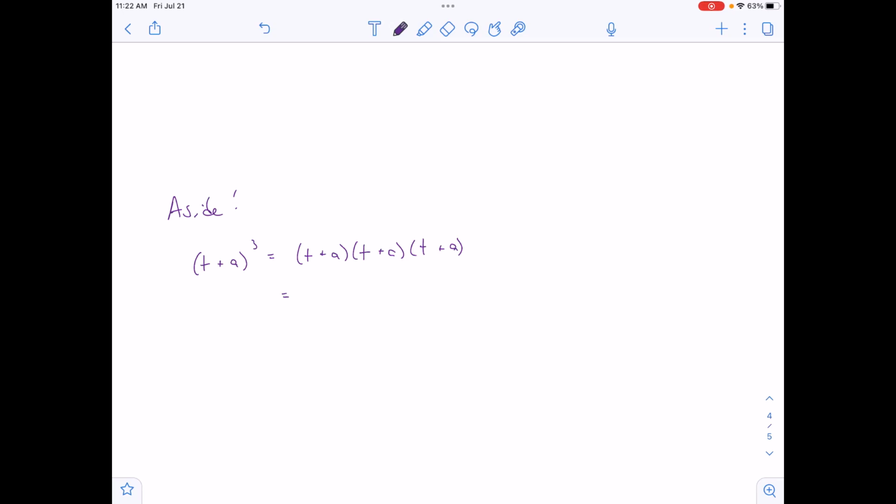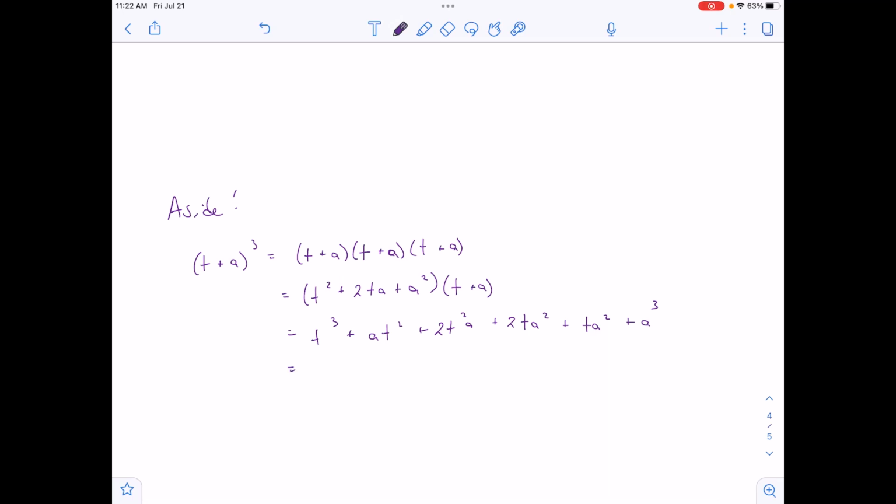I'm going to expand the first two into a quadratic, leaving me with (t^2 + 2ta + a^2) times (t + a). And now I'm just going to expand, so that'll be t^3 + at^2 + 2t^2a + 2ta^2 + ta^2 + a^3.